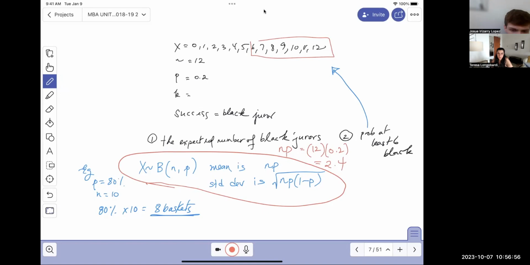On that formula sheet, let me show you in the notes.